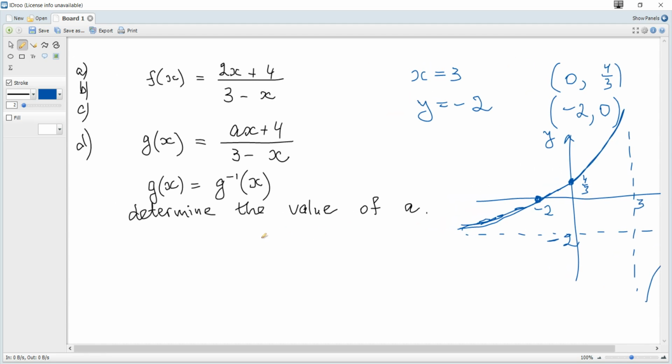Okay, and now let's consider this more interesting question. It's about a self-inverse function. What you may guess is that self-inverse is when the expression for a function is equal to the expression for its inverse.